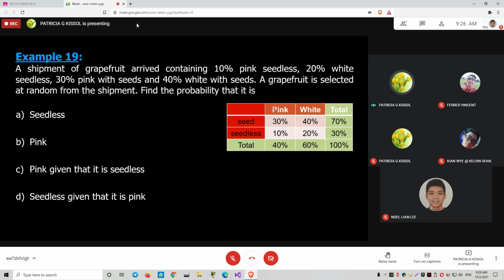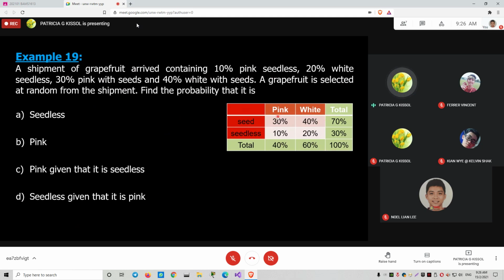From the information given earlier, 10% of the grapefruit are pink seedless, and 30% are pink with seeds. And 40% are white with seeds, and 20% white seedless. Once we have derived this table, we call it a contingency table, and we derive it from the information that was provided.